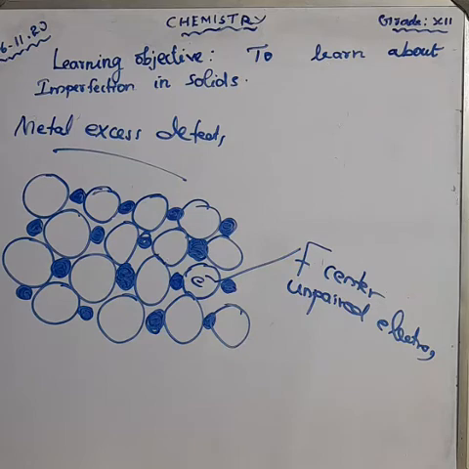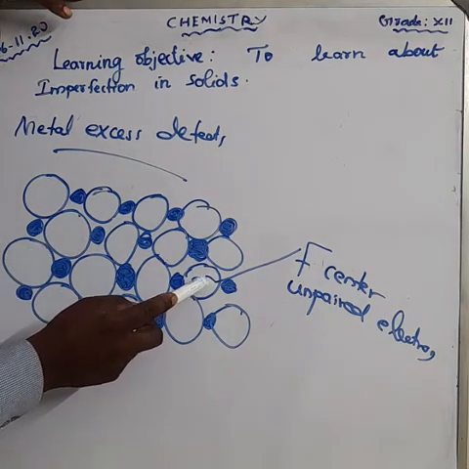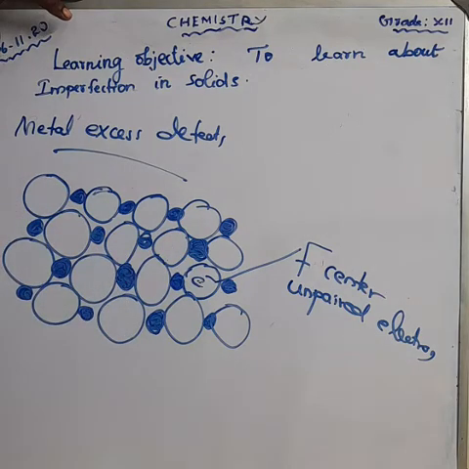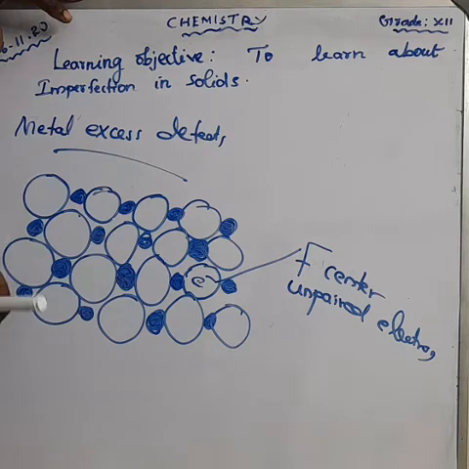The electrical neutrality of the crystal is maintained by the presence of an anionic vacancy. This is the anionic vacancy, equal to the excess metal ion, or otherwise by the presence of extra cation and electron in the interstitial position.